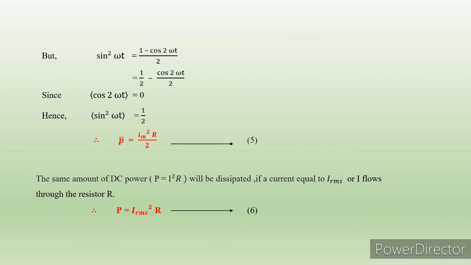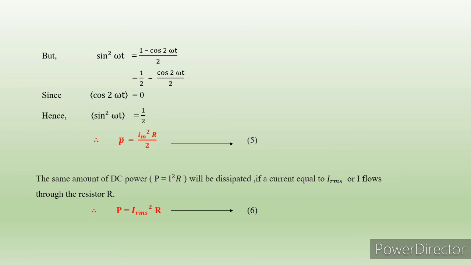Since the average of cos 2 omega t is equal to 0, the average of sine square omega t must be equal to 1 by 2 minus 0, that is equal to 1 by 2. Therefore, the average power P bar is equal to Im square R divided by 2.